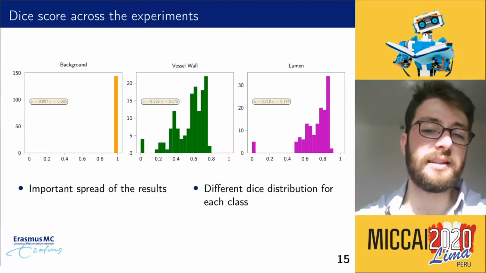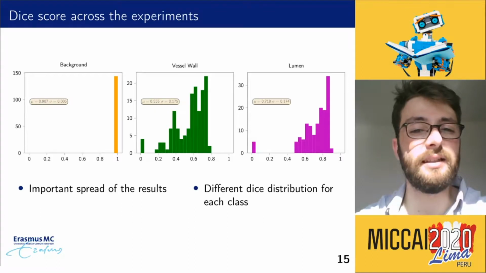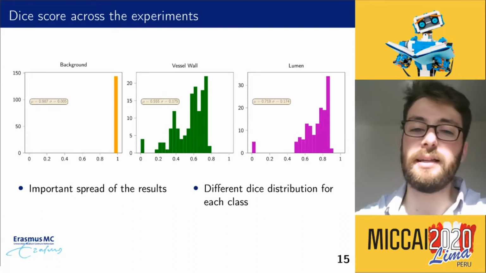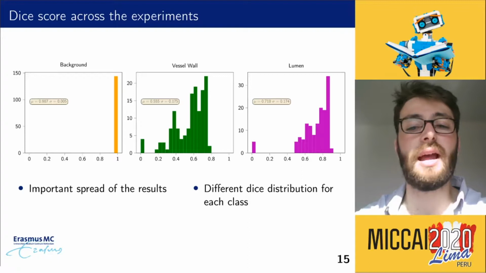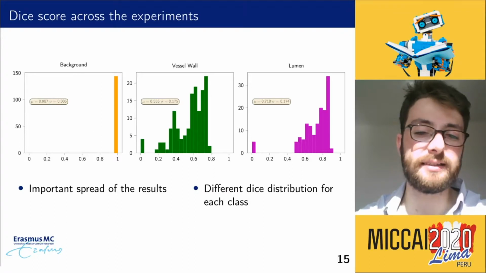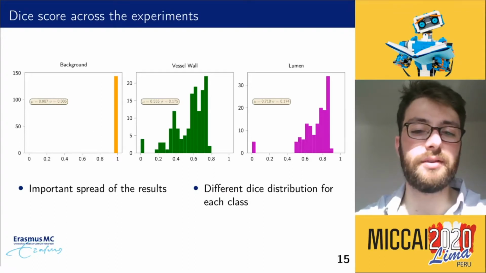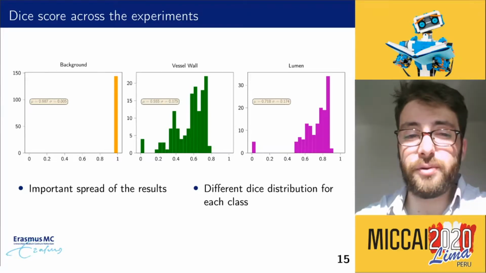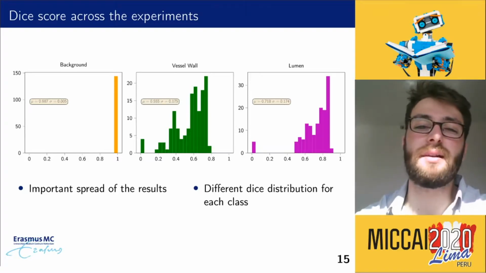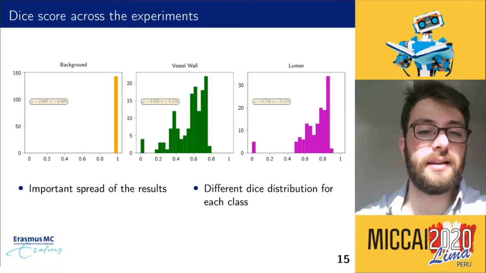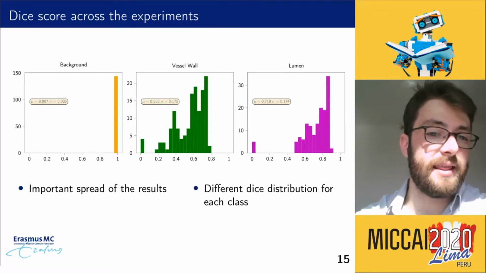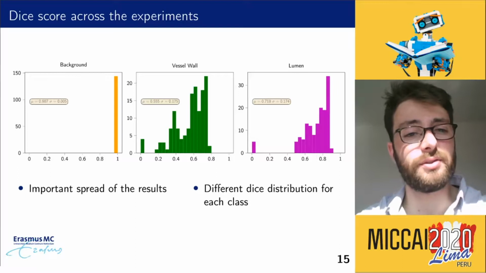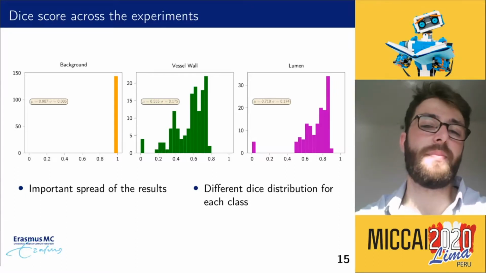This was intended in our design of experiment, as we didn't want to see how good the uncertainty map was in the best case scenario, but in every kind of scenario. Second, the dice distributions are really different for every class. This is due to the fact that background, for instance, is way easier to segment than vessel wall or lumen. Then it makes sense that the distribution is clustered at 1 for the background.